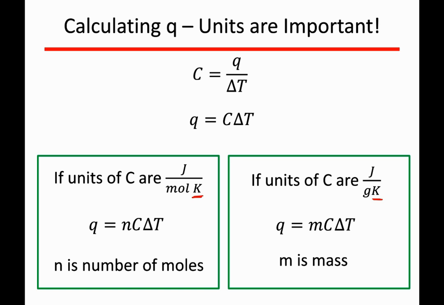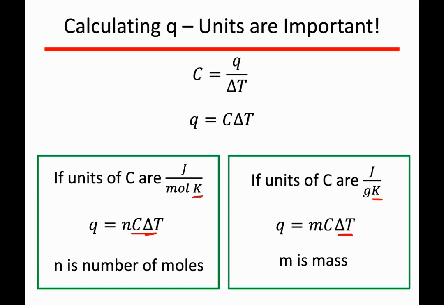I know that sounds kind of crazy because when we were doing problems that involved gases back in chapter 5, I said to always use Kelvin. But when we're doing these heat calculations and we're looking at delta T, the value of delta T will be the same regardless of whether you use Celsius or Kelvin. And so this is why the units don't matter.